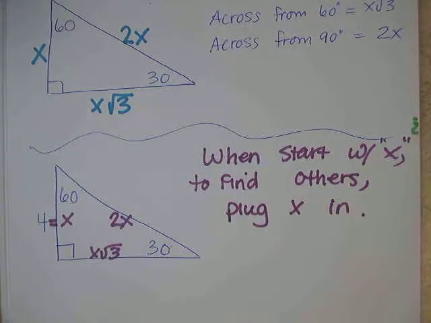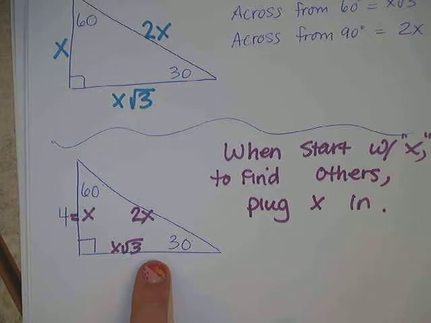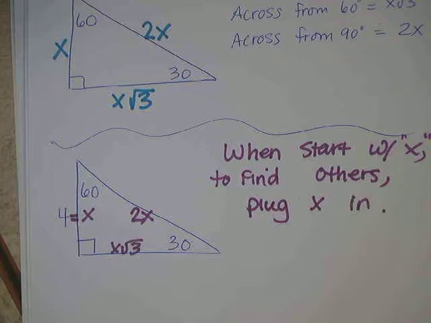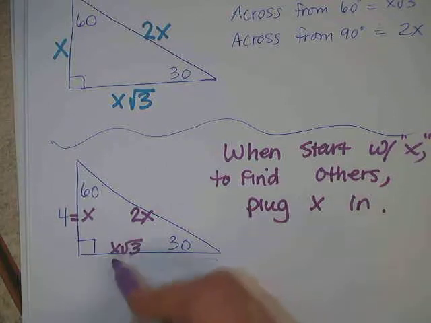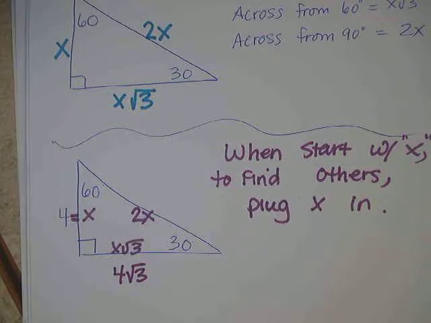Okay, so best case scenario is this. We know x is 4, so we go down here to our side that has the radical 3, and if I plug in 4, what would that be? It'd be 4 radical 3. Okay, I just plug in for x. There's really nothing to simplify.